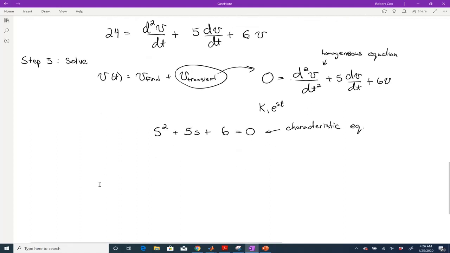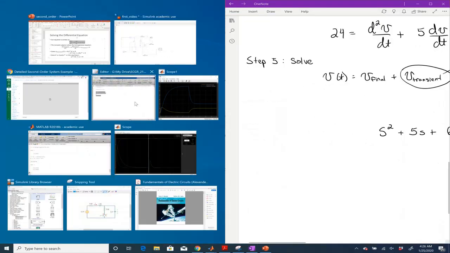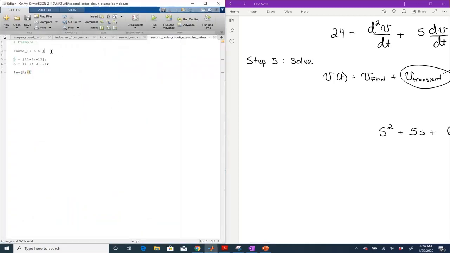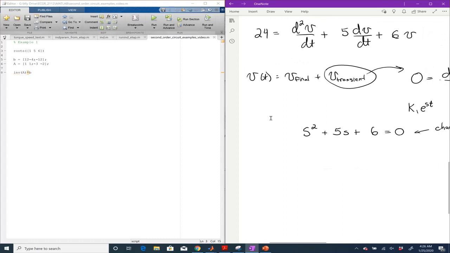Now to solve that, I go to the quadratic formula. The way that I did that in particular is in MATLAB. I wrote a simple piece of code right here. In MATLAB, there's a simple command called roots that will tell me the roots. I take the coefficients out of this equation and write a little vector in brackets.